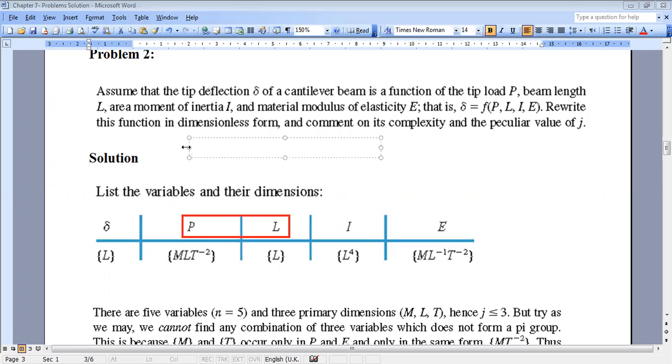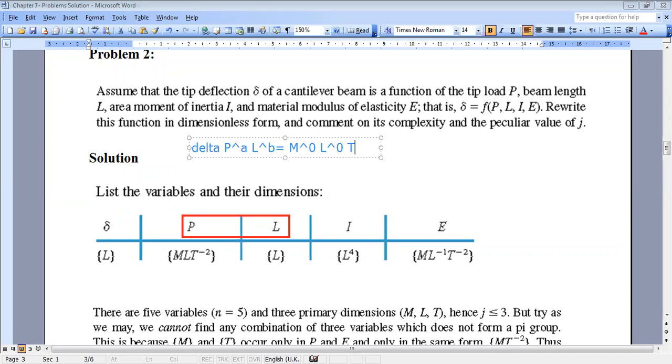Doctor, can you just repeat the question, please? Okay. What I am telling you is, in general, how to find the group: you put delta to the power 1 times P to the power A times L to the power B equals M to the power 0 times L to the power 0 times T to the power 0. But here, why no need to do this? There is a much simpler way.